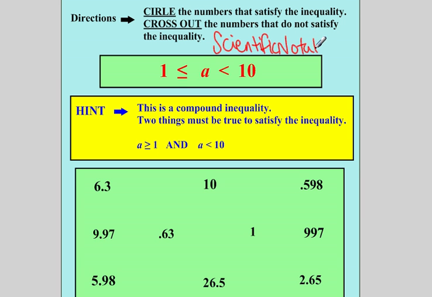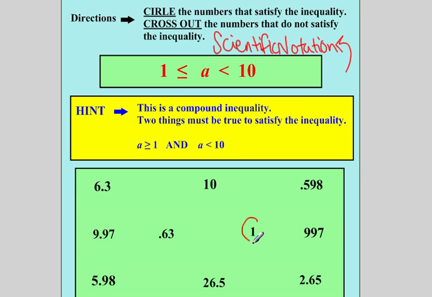I don't need you to copy down anything from this page, but for scientific notation, we need to understand what this means. This is actually two inequalities, and it's called a compound inequality. In order to find values that will work when we're talking about scientific notation, we need to choose numbers that are greater than or equal to 1.